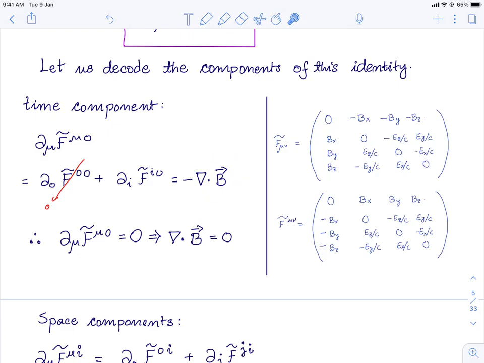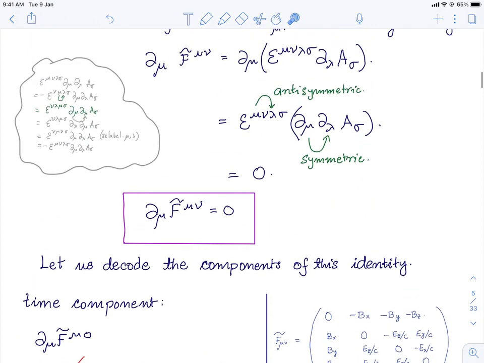So if this is minus the divergence of B, and this is an identity that has to be 0, then it would imply that the divergence of B must be 0 as an identity as soon as I express the field strength, or the dual field strength, in terms of the 4-vector potential.